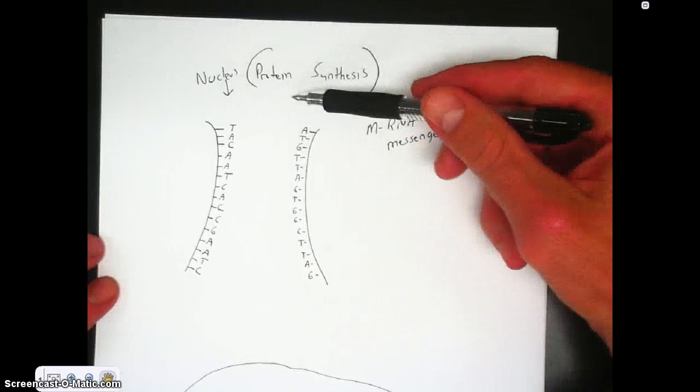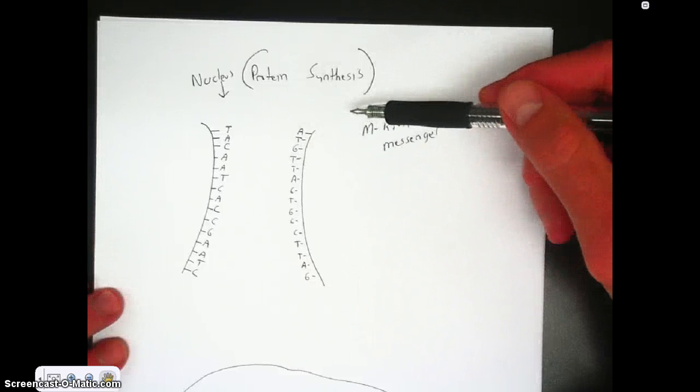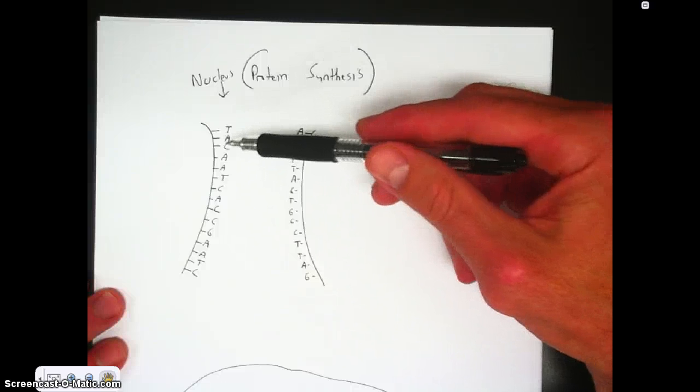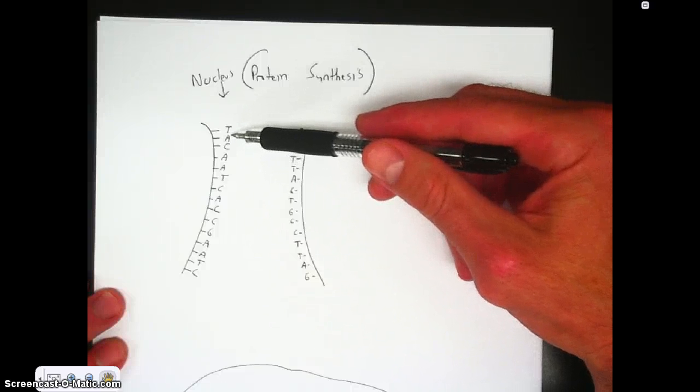So in the nucleus, where my little drawing is taking place right now, this left-hand side is the side that has been identified as holding the recipe for the protein that I need.